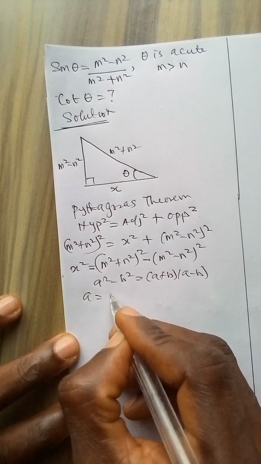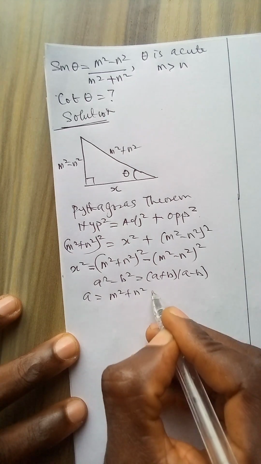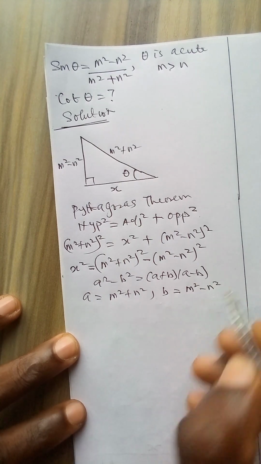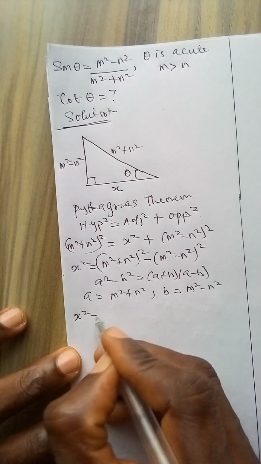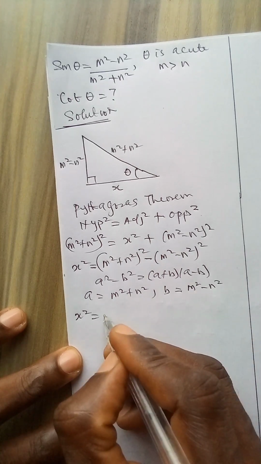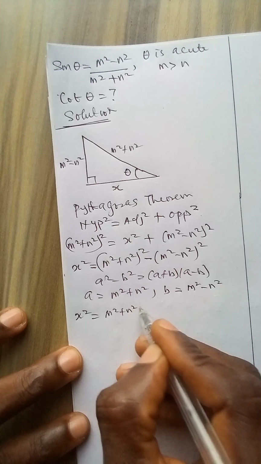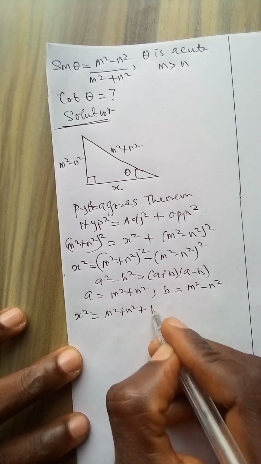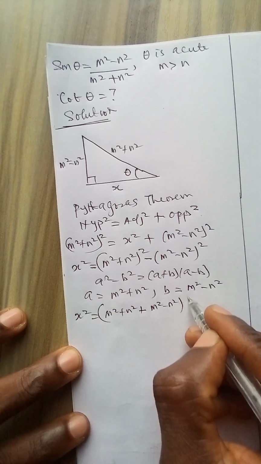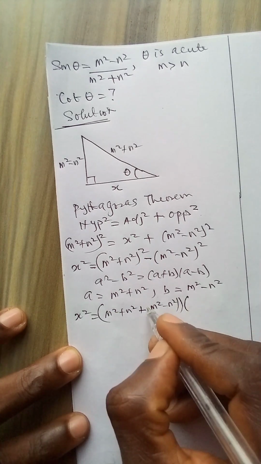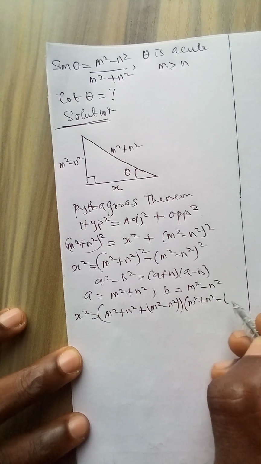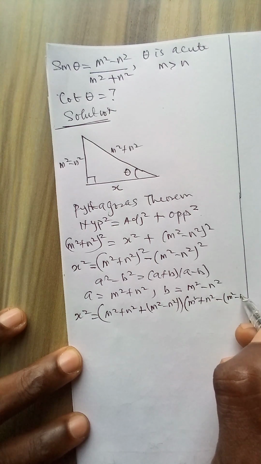Let a be m squared plus n squared and b be m squared minus n squared. So our x squared will now be given as difference of two squares, that is m squared plus n squared plus m squared minus n squared in a bracket. In another bracket, we have m squared plus n squared minus m squared minus n squared.